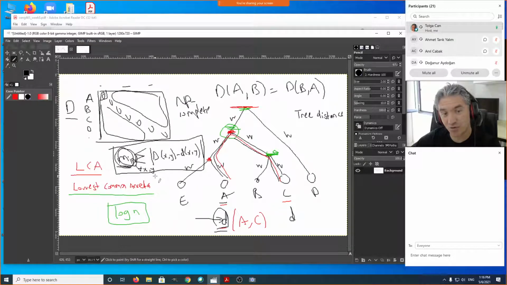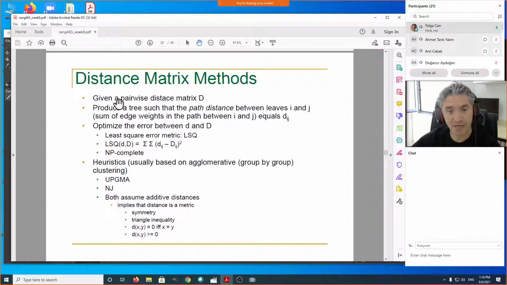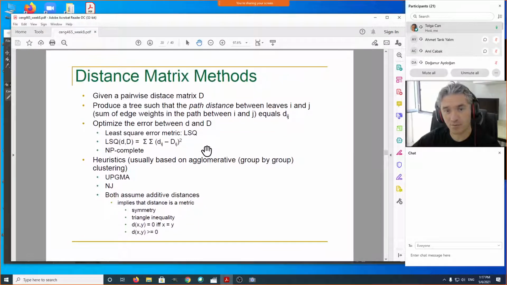Both UPGMA and the neighbor joining algorithm we are going to see are good heuristics which get close to the value of this input matrix D, but they will never guarantee to find the optimum tree. Even neighbor joining doesn't guarantee that. But the good thing is that they run really efficiently. They are really fast algorithms, and most of the time they will give good results that will approach this original given input matrix. So you understand this computational problem, right?